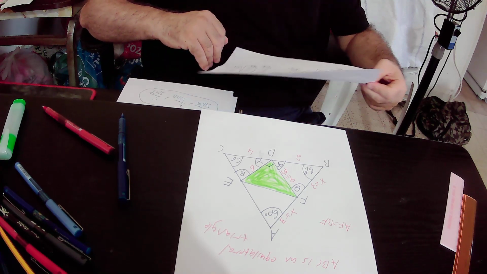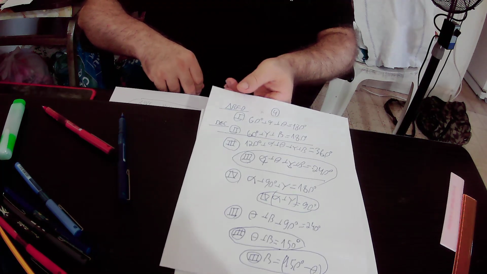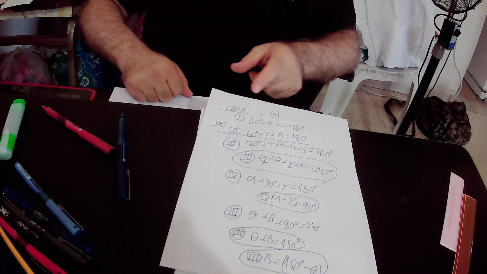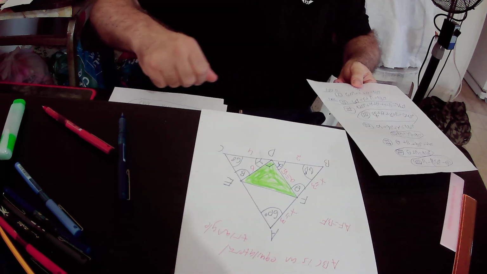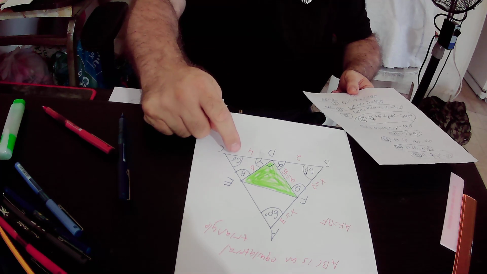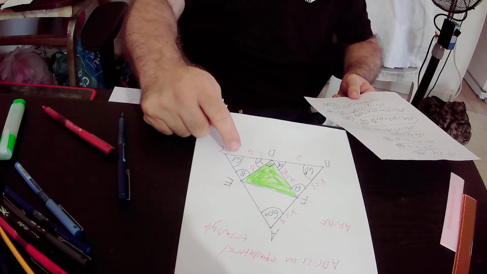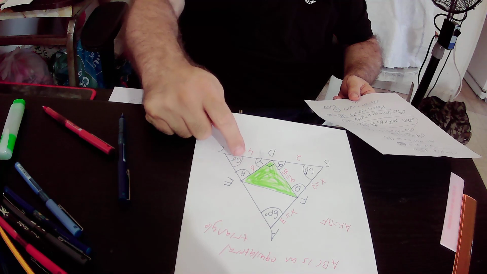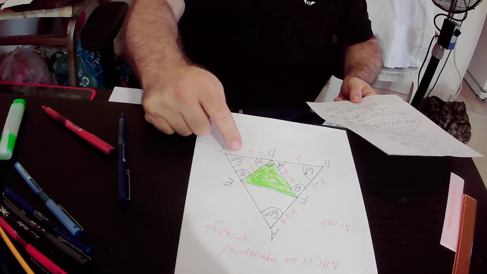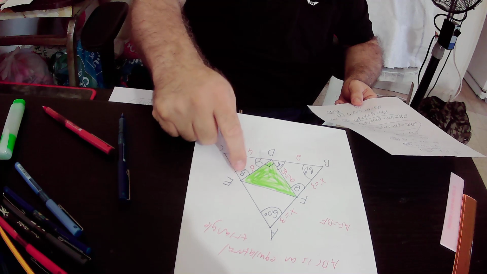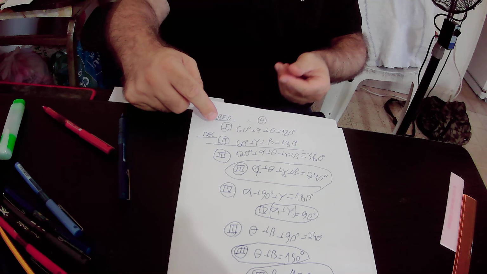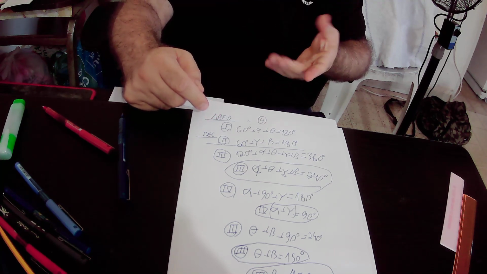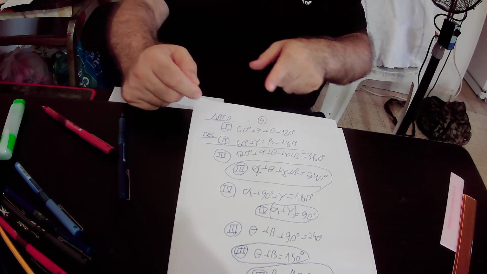And in this way we created our first equation that states that the sum of the angles in triangle FBD equals 180 degrees. And it is also true that the sum of the angles of triangle DEC also equals 180 degrees. That is to say, 60 degrees plus beta plus gamma equals 180 degrees. So the second equation states that the sum of the angles in triangle DEC equals 180 degrees.